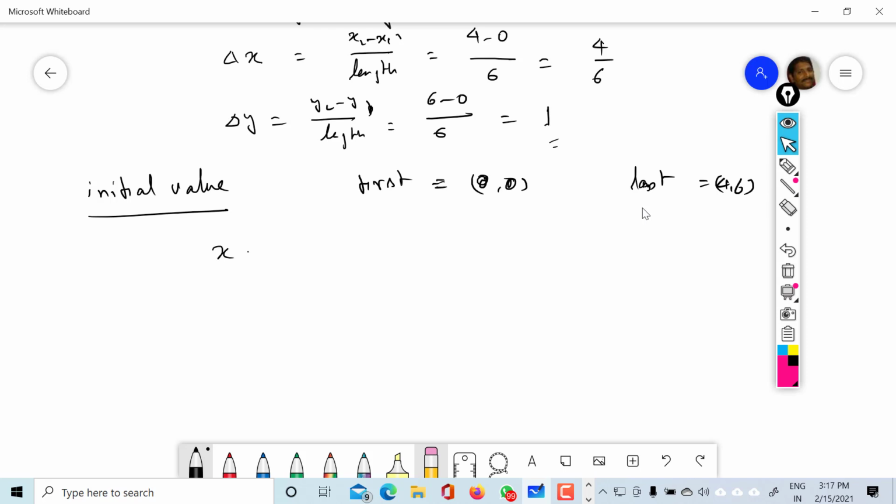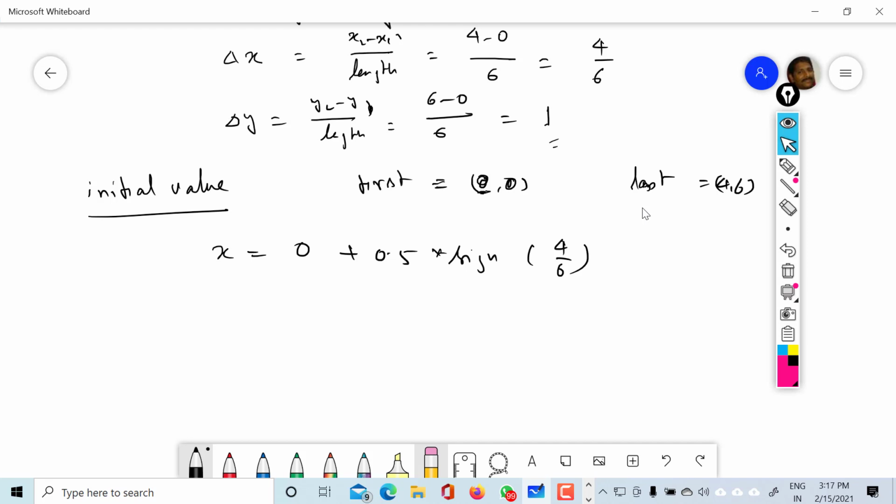So x equal to 0, y equal to 0, because the formula is x1 plus 0.5 times sign of delta x, that means 4 by 6. The value of x1 is 0, because the starting point is 0, so in place of x1 I am writing 0.